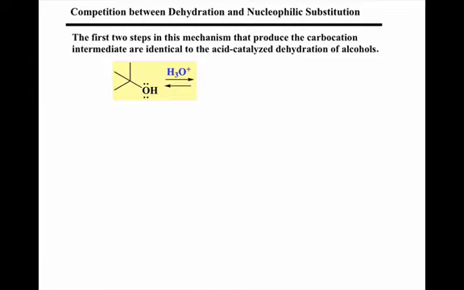Now it turns out that you're almost always going to have a competition in these SN1 reactions with also an what? E1. E1, SN1 always compete with each other. That's always the way it works. So if we took tert-butyl alcohol and mixed it with H3O+, a strong acid, again, we would protonate the alcohol.